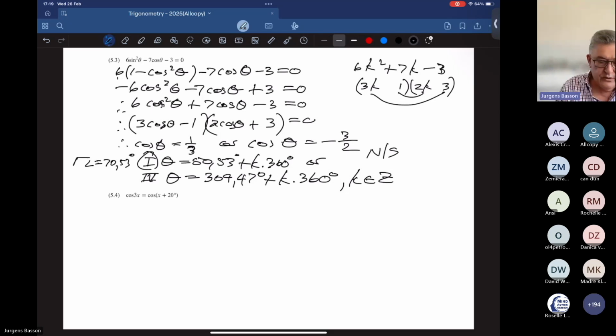And then, of course, everything else will change to 70.53. And this one will change as well.